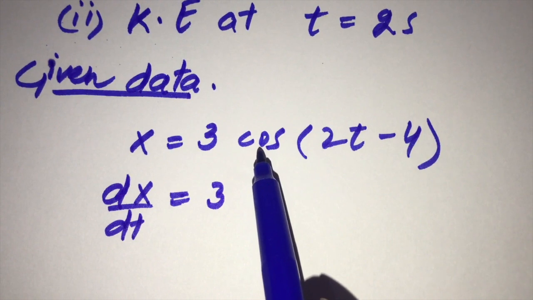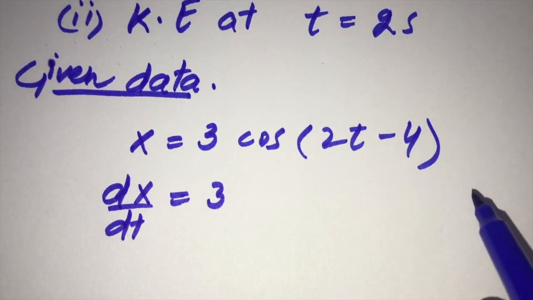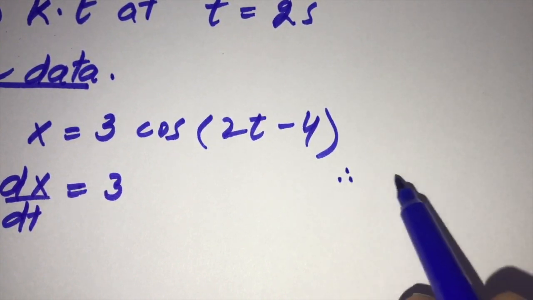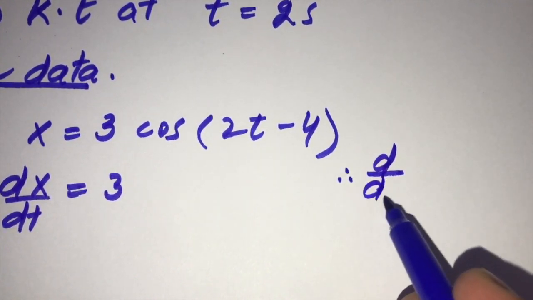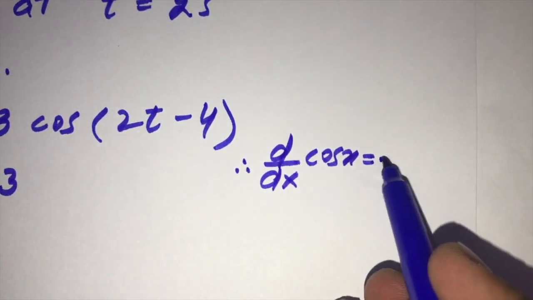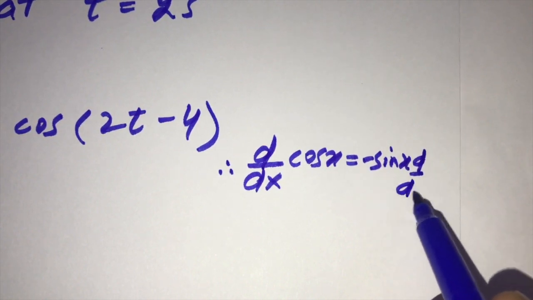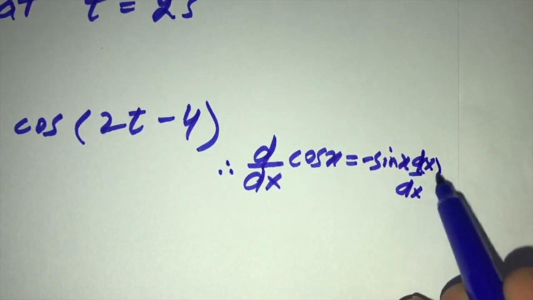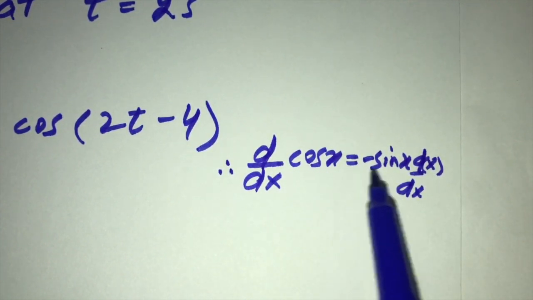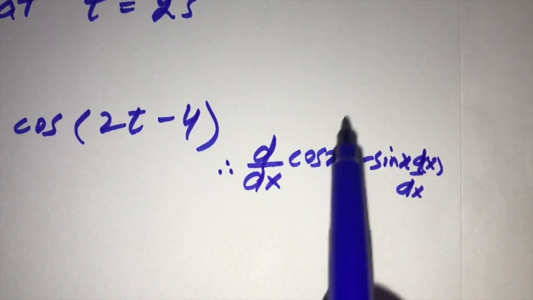Always remember this derivative form: d over dx of cos x is equal to minus sin x. Here we also take the derivative of the inside part, which is equal to 1 for x. So the derivative of cos x is equal to minus sin x, but we also take the derivative of this x term.